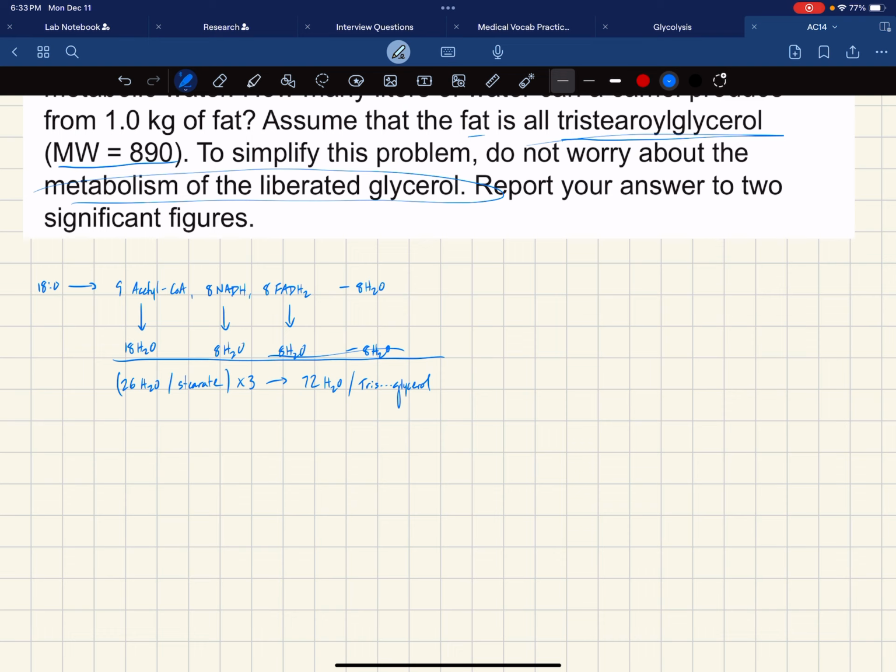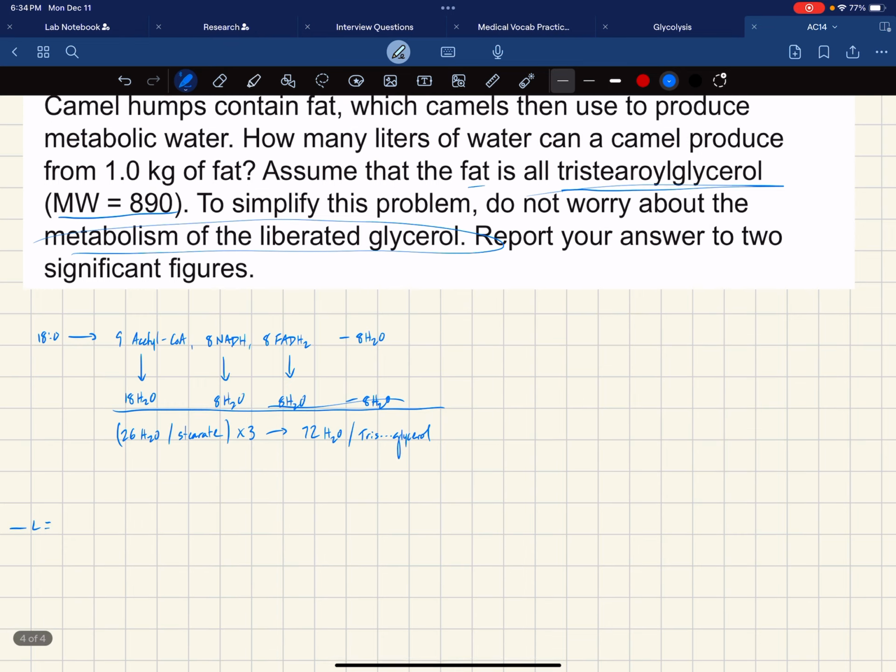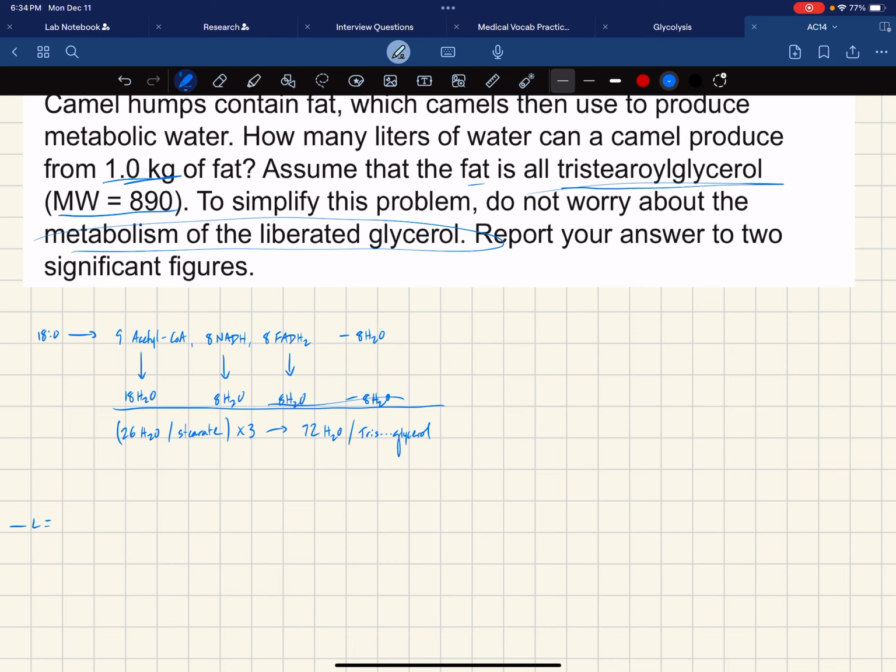Okay, so now we can actually do our dimensional analysis. What we're trying to figure out is how many liters we can get from this 1 kilogram of fat that we have.